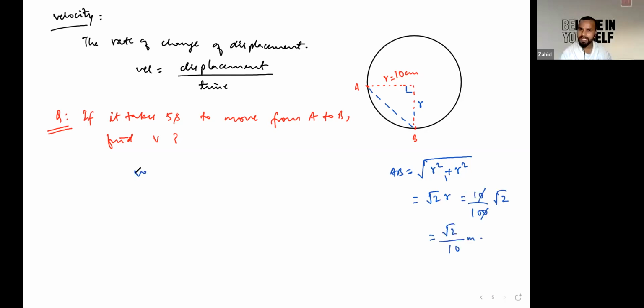Now velocity is nothing but displacement over time, so just put all the values and you'll get the answer.